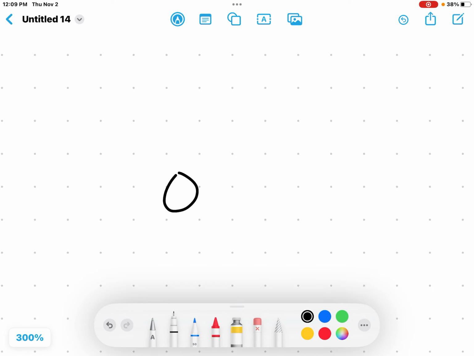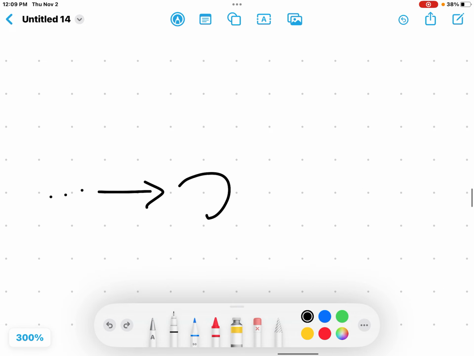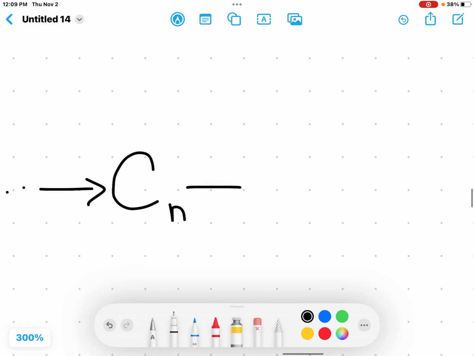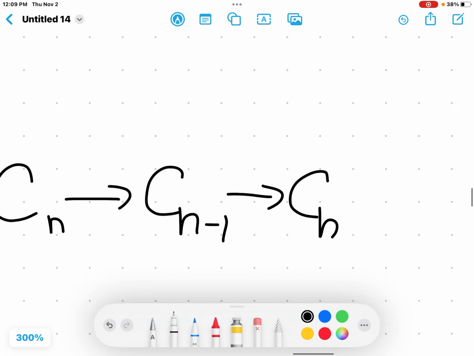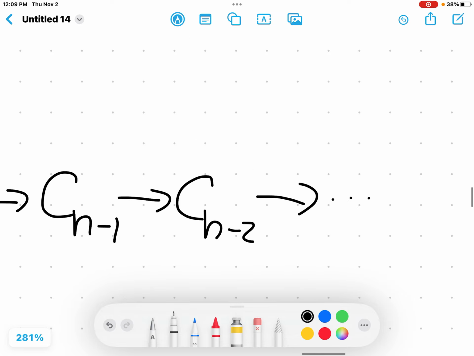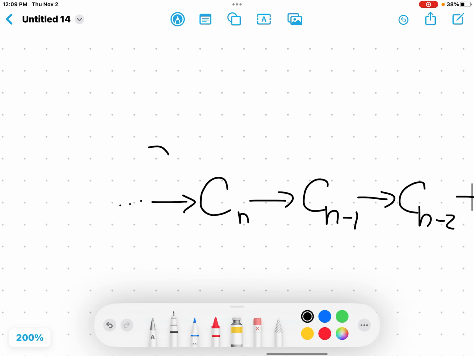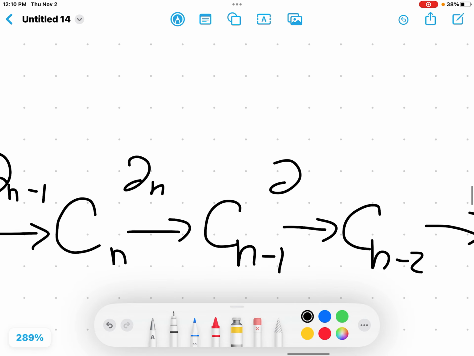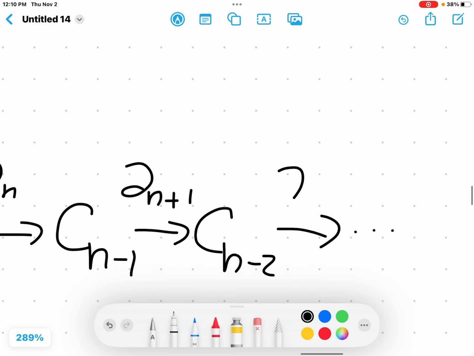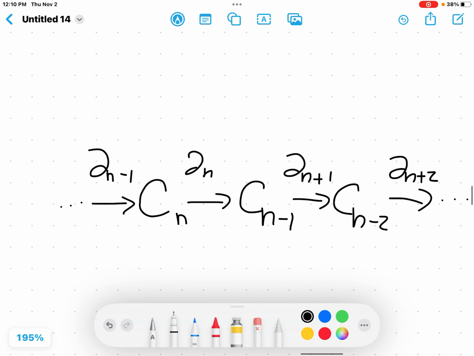So if I have C_n, C_{n-1}, C_{n-2}, and then so on and so forth, and then I have maps ∂_{n-1}, ∂_n, ∂_{n+1}, ∂_{n+2}.